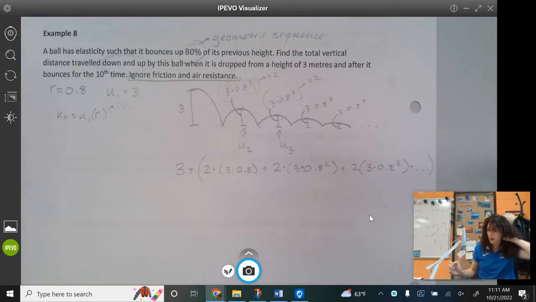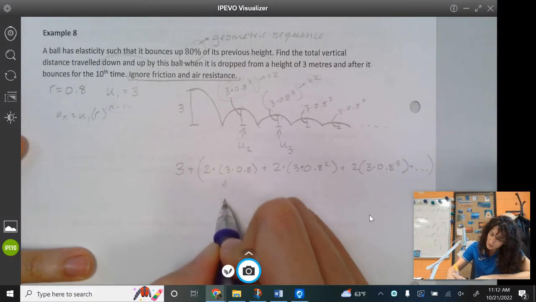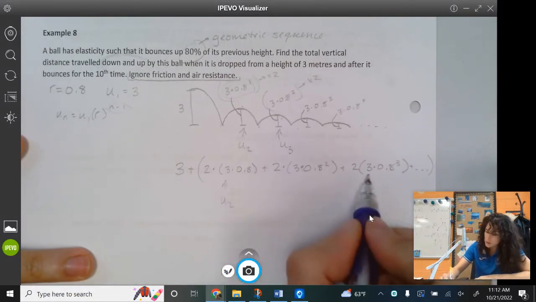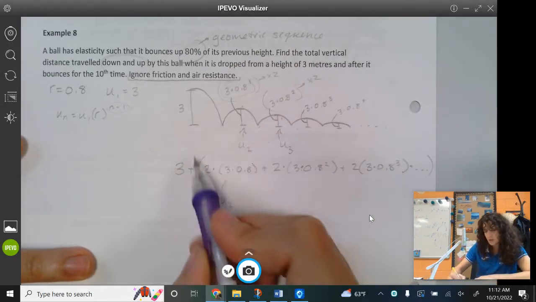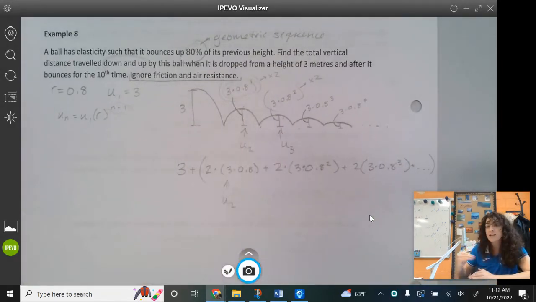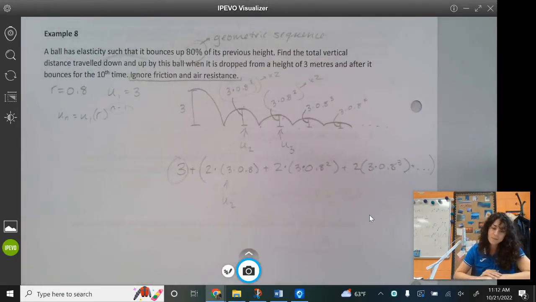Okay, so that would keep going. And this is my second term, third term, fourth term, and those are all multiplied by 2. But if I wanted to find the sum of those terms, the first term is not multiplied by 2.